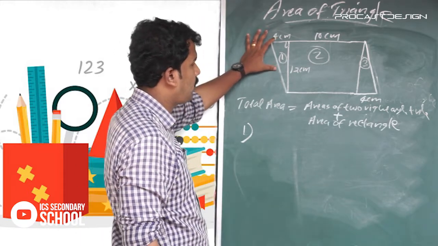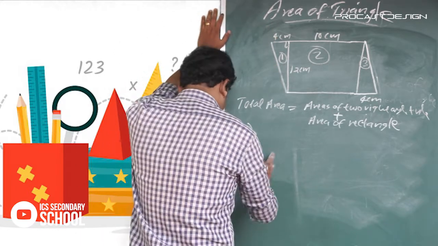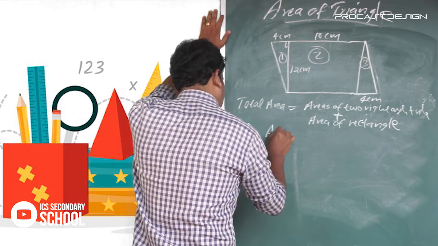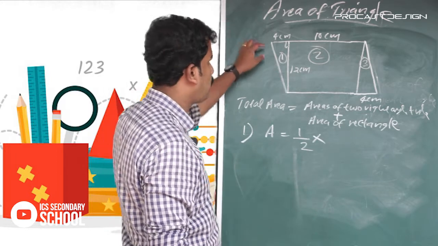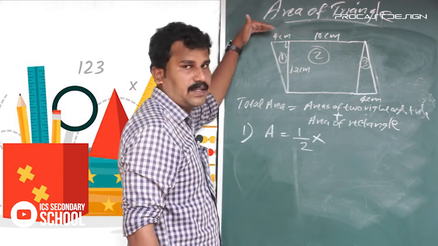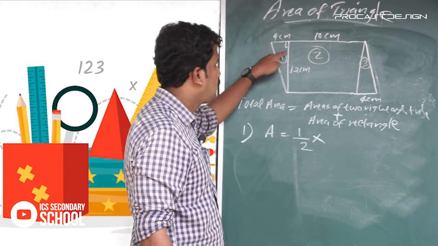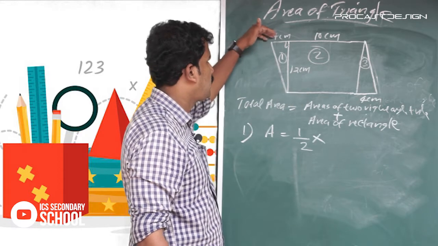The area of a right angle triangle is equal to half into the product of the perpendicular side length, 12 centimeter, and base length, 4 centimeter.